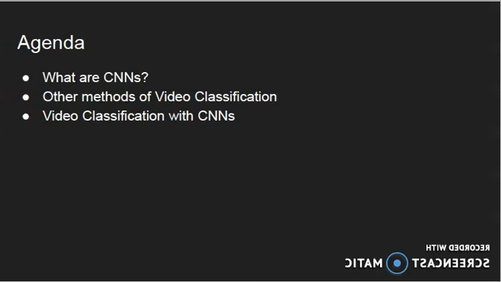What are CNNs? Convolutional neural networks have been extensively used in image recognition tasks. Particularly, they were used in object detection, image summarization, retrieval, and segmentation. Later on, as I mentioned before, I will talk about the other methods and video classification with CNN.